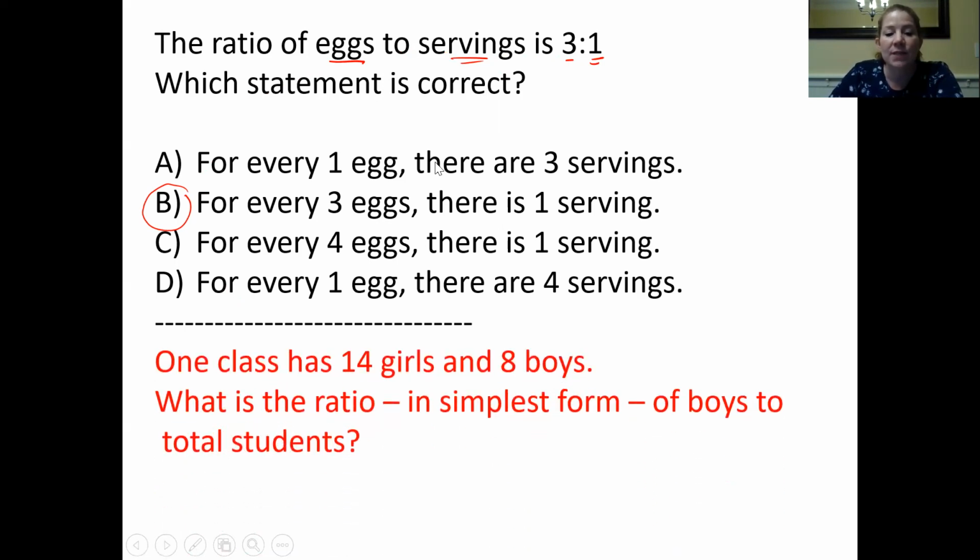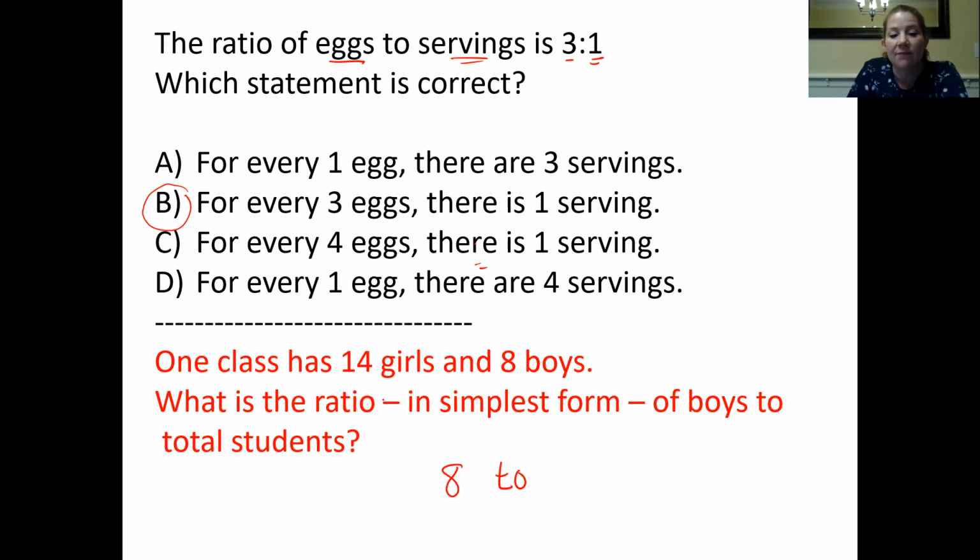One class has 14 girls and 8 boys. What is the ratio in simplest form of boys to total students? Everybody answer that one, please. All right, well, how many boys are there? There are 8 boys, right? 8 boys to, and it says total students.